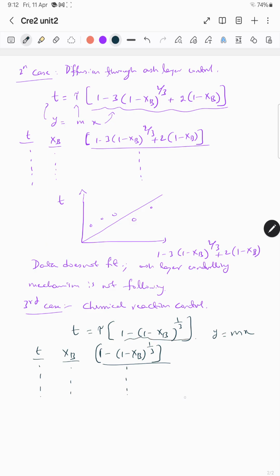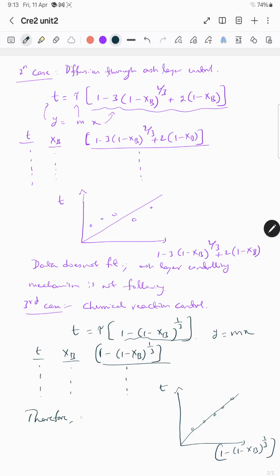If you plot a graph for this, as I already revealed the suspense, almost all the data points follow a linear curve, where the y-axis is t and the x-axis is 1 minus (1 minus xb) to the power of 1/3.